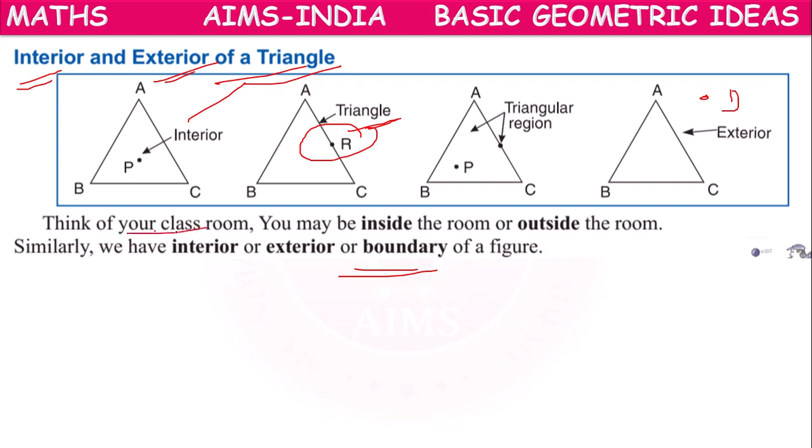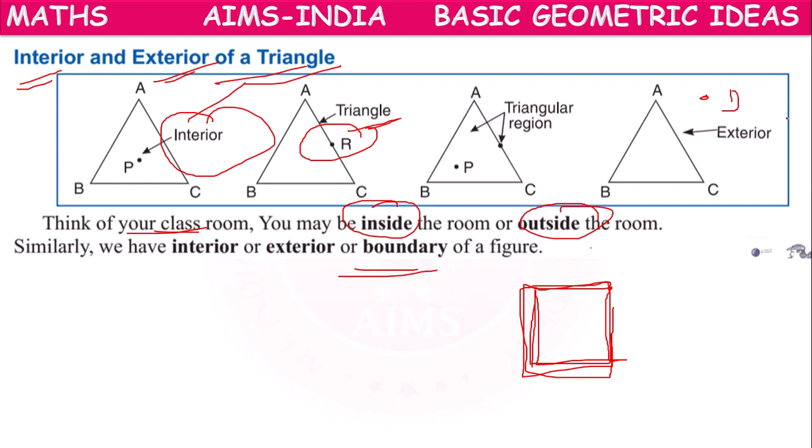Suppose you think of your classroom, you may be inside the classroom, you may be outside the classroom. The classroom has boundaries separated by walls, so the walls are on the boundaries. In the same way, a triangle also has an interior part, an exterior part, and the boundary.